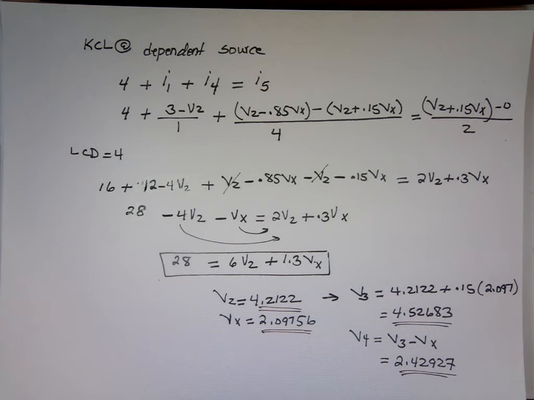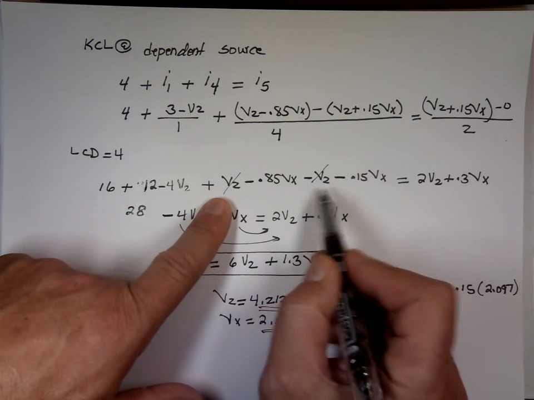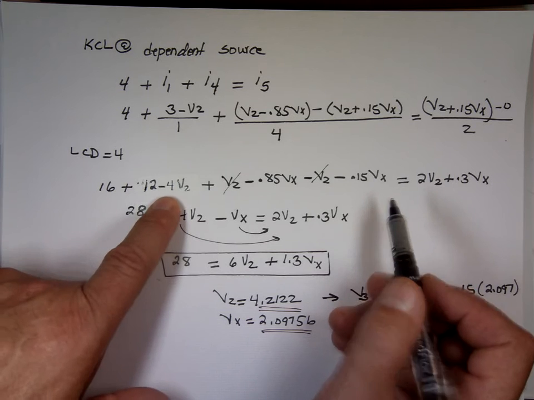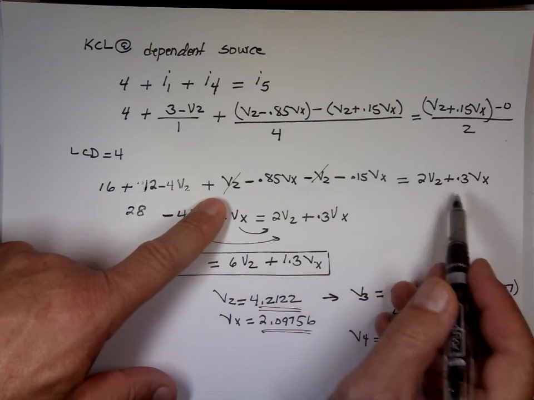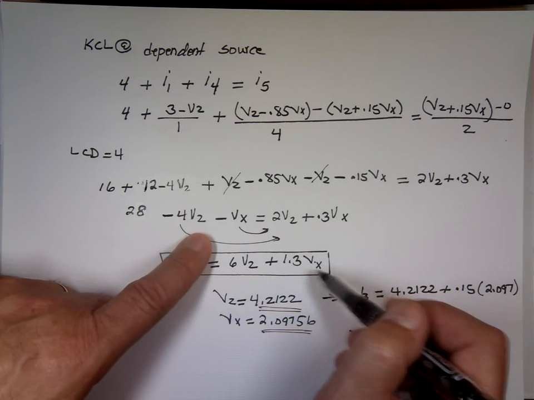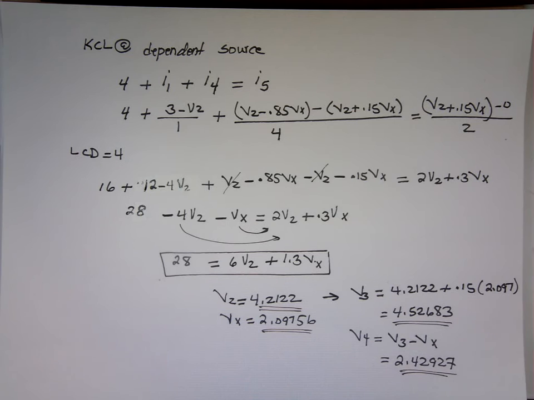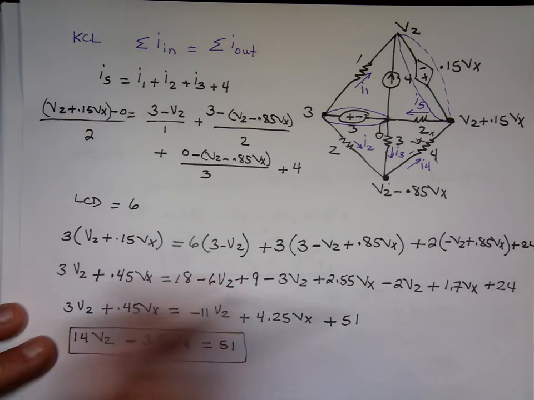So it could be a combining. Maybe I missed one when I combine. It's possible. That's 6V2. That's negative Vx. Comes a plus. That's 1.3. It could be in the other equation when I combine them. I could be wrong. The book could be wrong, but probably one of these I combine. Maybe I left something out.